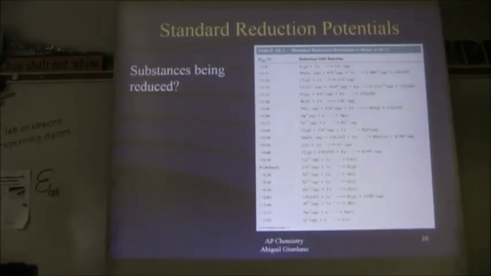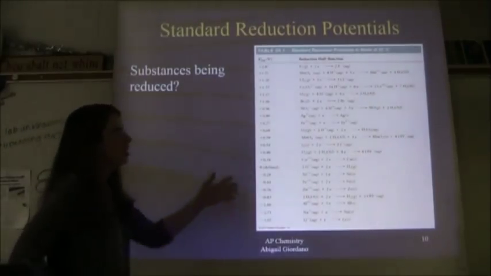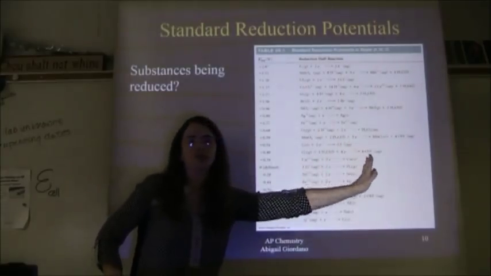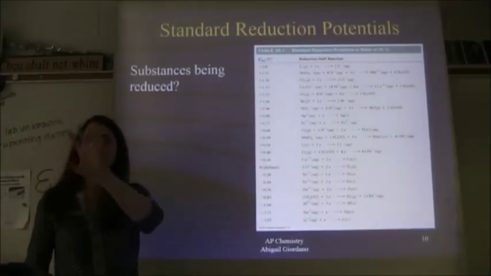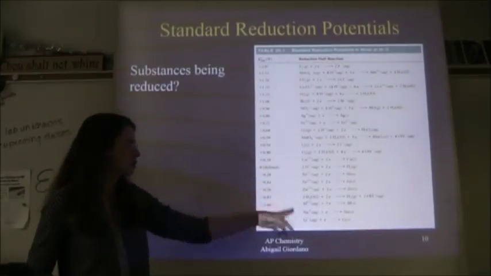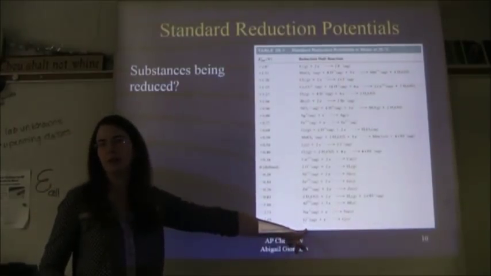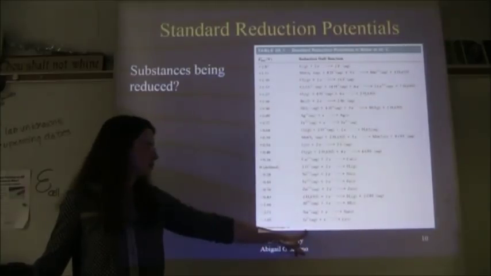Okay, but this is a reduction table. Okay, so when I say where are the substances being reduced, guys, we read reactions from left to right. Reduced. The charge is decreasing. I mean, just look down here at the very last one. Let's make it easy on ourselves.